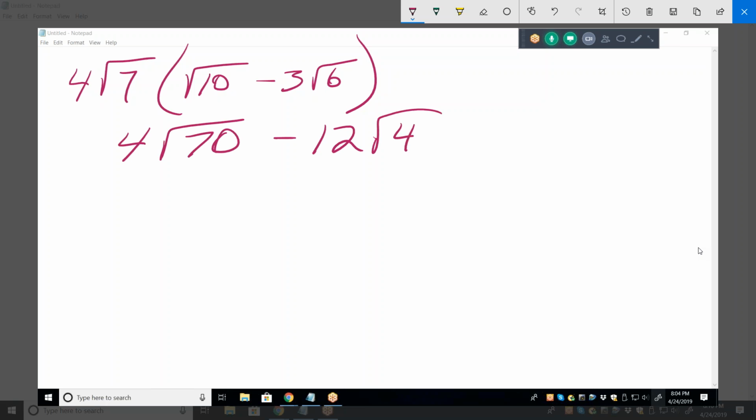Okay. Now, since this 70 is an apple and 42 is an orange, we need to simplify this, and hopefully it'll come out to be something the same. Well, let's talk about factors of 70. I don't see any perfect squares in there. I don't either. So I can't really simplify it, but I could write it like this.